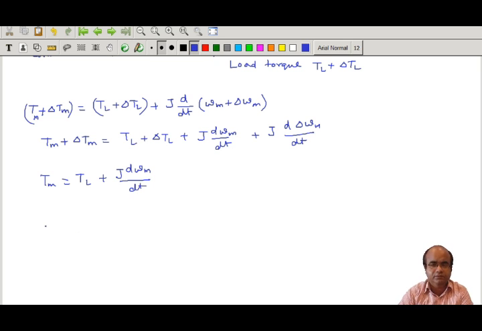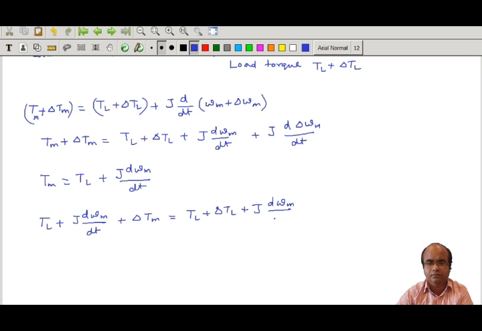So if I write TL plus J d omega m dt plus delta Tm on one side, and plus delta TL plus J d delta omega m by dt on the other, we can cancel out these terms.